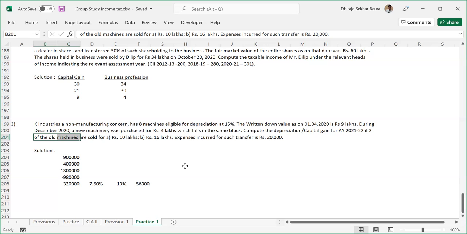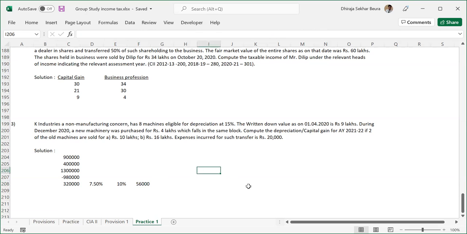So additional depreciation will also be half, that is 10%. Your 7.5% is the regular depreciation and 10% is the additional depreciation. The total comes to 17.5%. 17.5% of 3,20,000 comes to 56,000. Make sense?